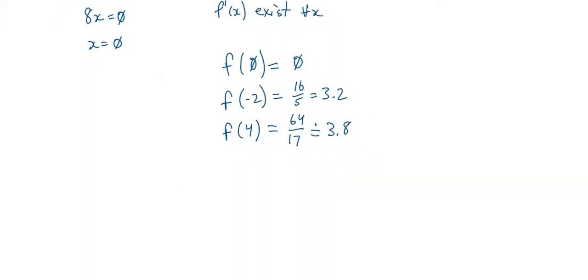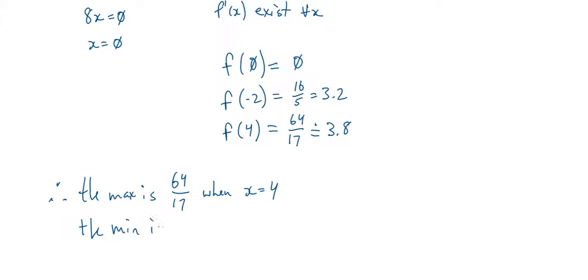Therefore, max is 64 over 17, when x equals 4, and the min is 0 when x equals 0.